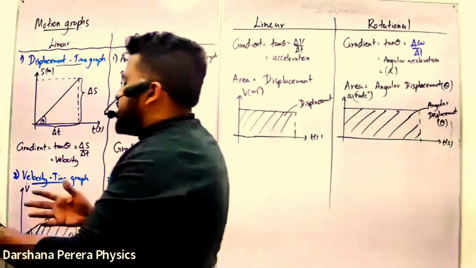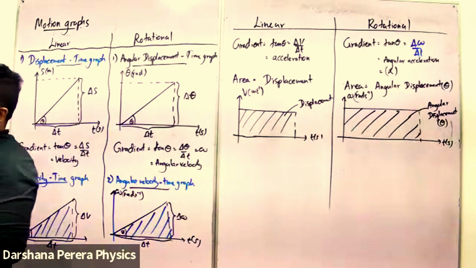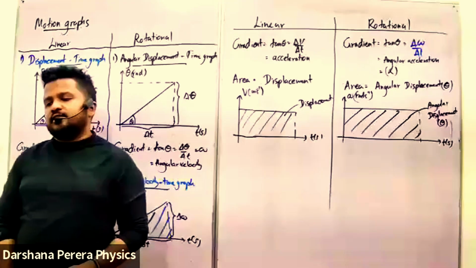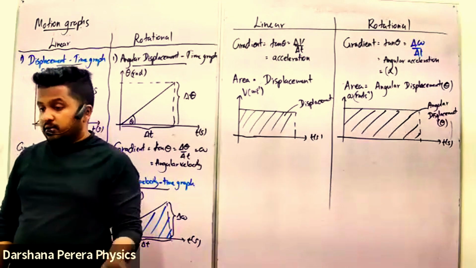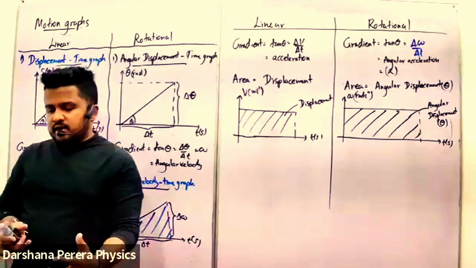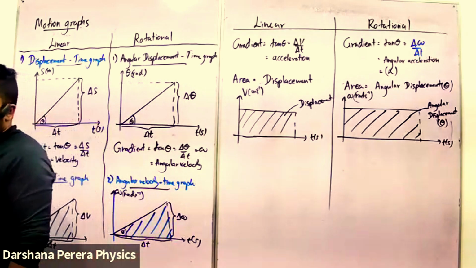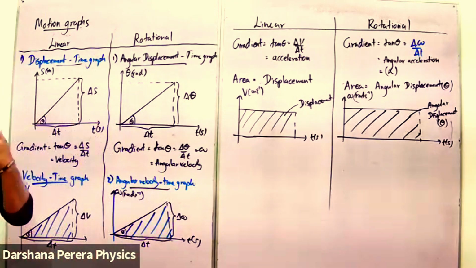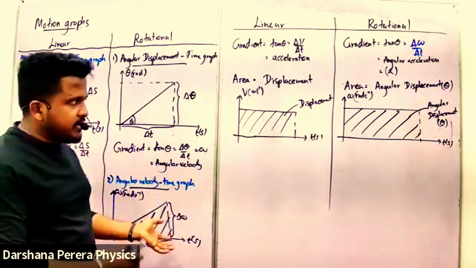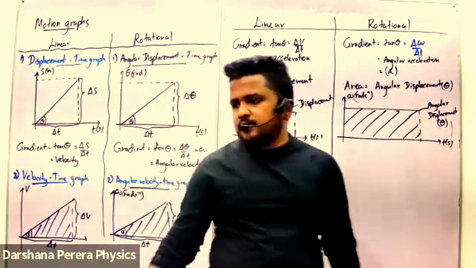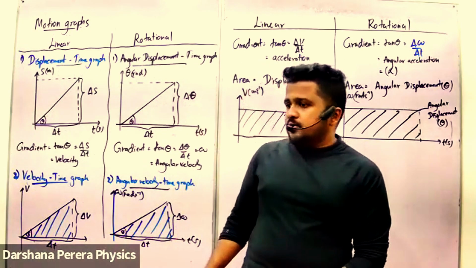You have to memorize the linear quantities, and then you can get the angular ones and the rotational motion. Linear motion and rotational motion, both parameters are the same. You have to memorize the similarities of these cases.